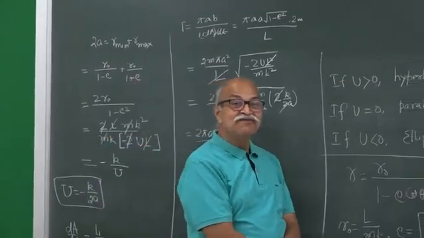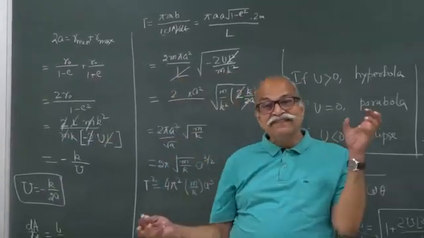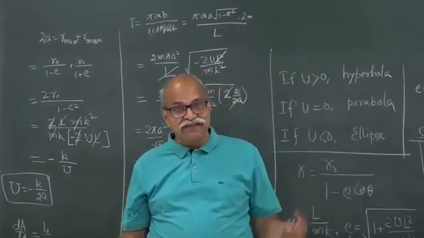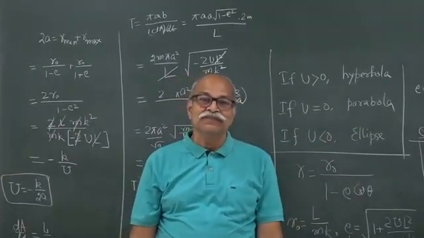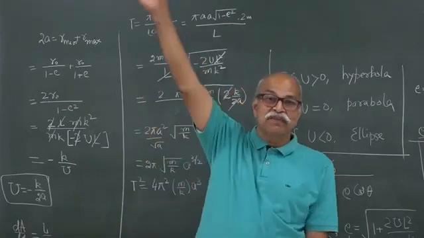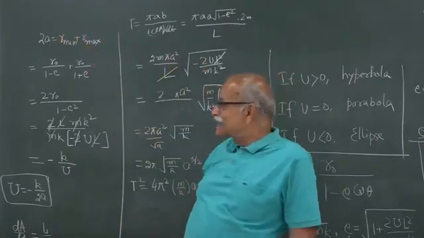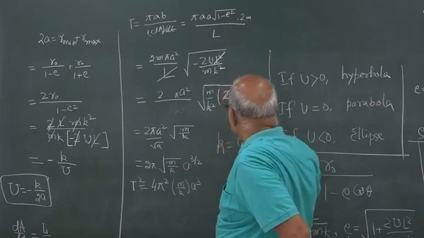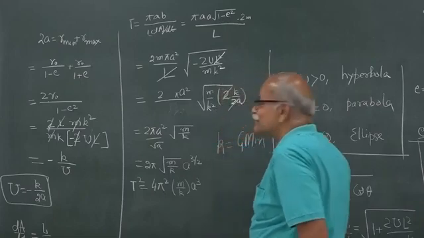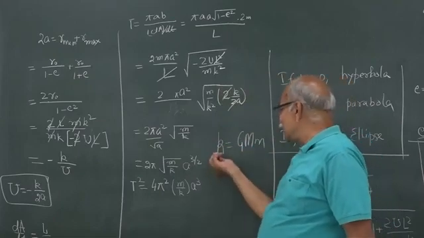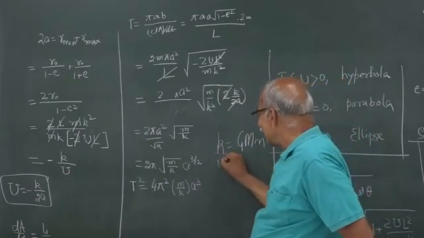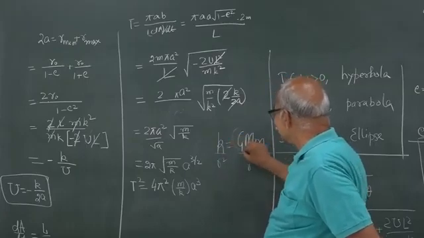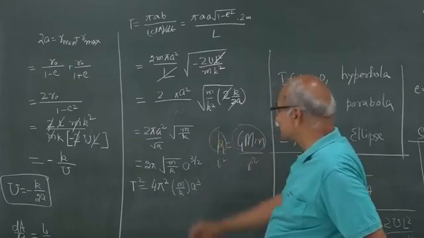So, if you have a gravitational attractive inverse square law, sun and different planets. What is this k? In that case, k is capital G M m. The force is k by r square and the force is G M m by r square. So, k is G M m.